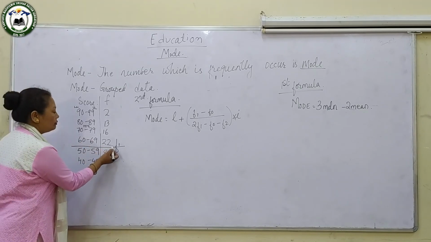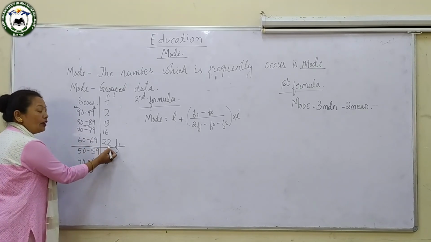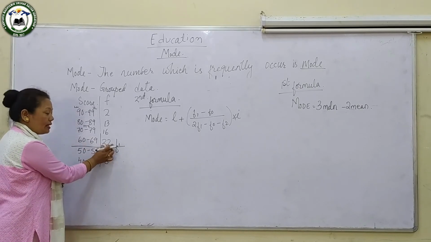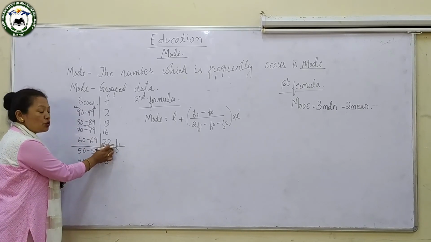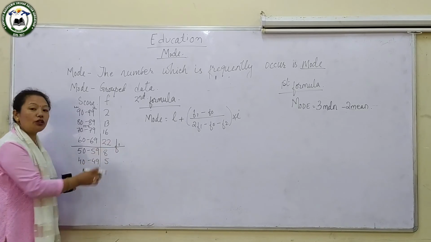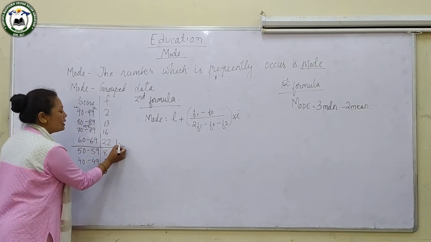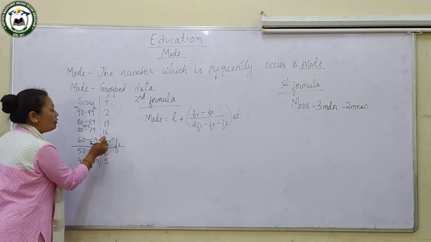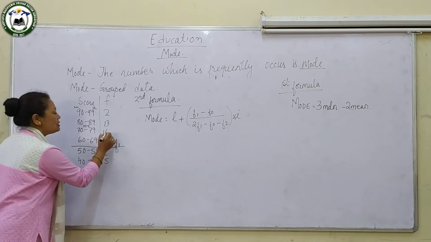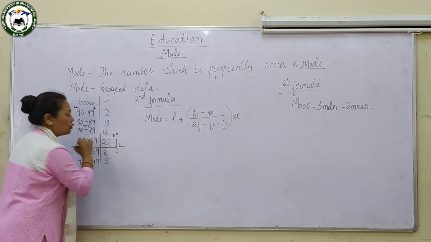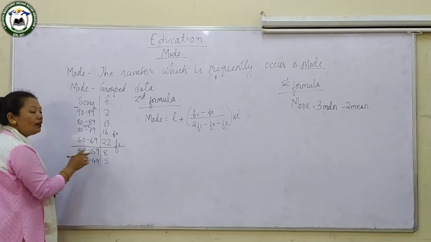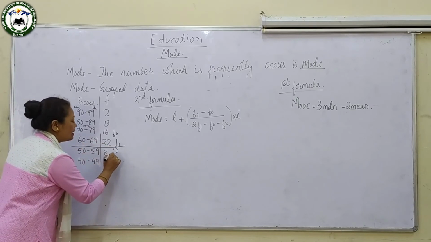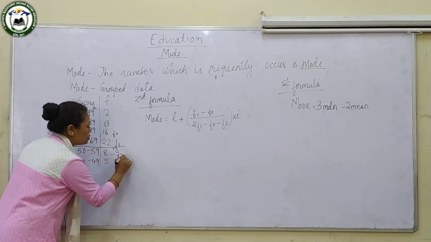So over here, the modal class with the highest frequency is 22. This highest frequency or the main frequency is F1. Now, the frequency above the main frequency is your F0, and the frequency just below the main frequency is your F2.